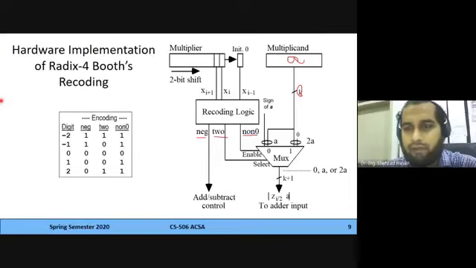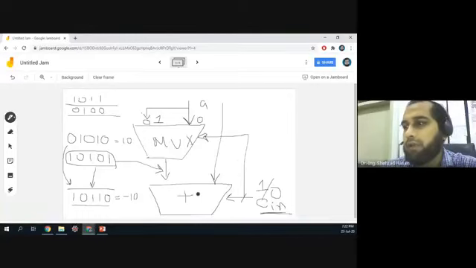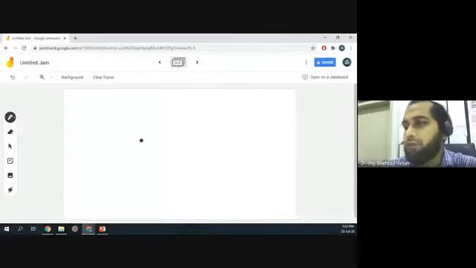Okay, so the question is: the negate goes to the add-subtract control, how will it compute the 2's complement and add it to the main circuit? So this is what I defined here. When we are talking about an adder, I'll just draw this once more. We have an adder, which is not shown in this diagram.